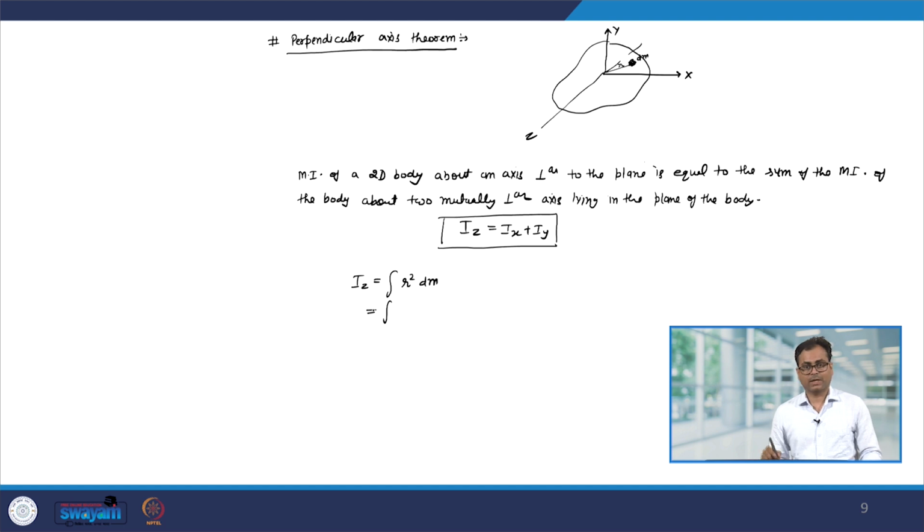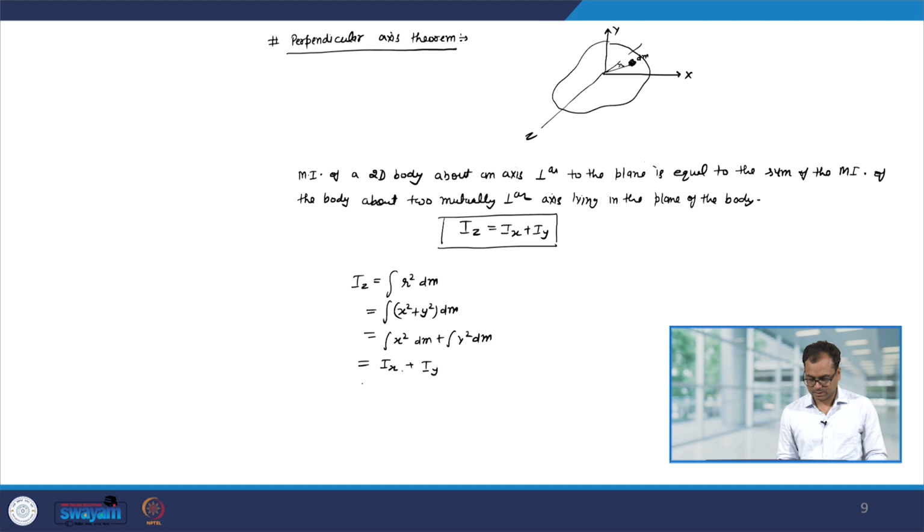So, r is square root x square plus y square, therefore, r square is x square plus y square, dm, and this I can write as integral x square dm plus integral y square dm, and integral x square dm is the moment of inertia about the x axis, and the integral y square dm is the moment of inertia about the y axis. So, we have Iz equal to Ix plus Iy if the body lies in the xy plane. Let us look at it again by an example.